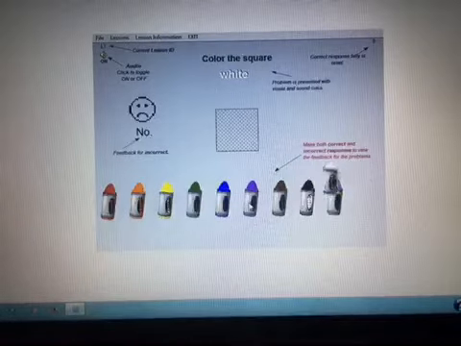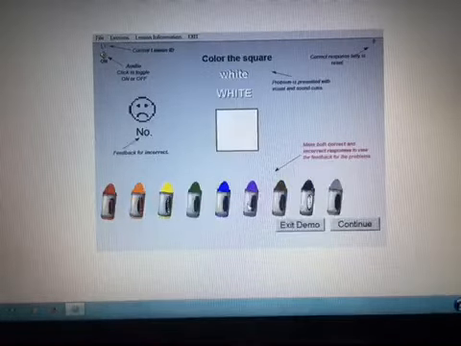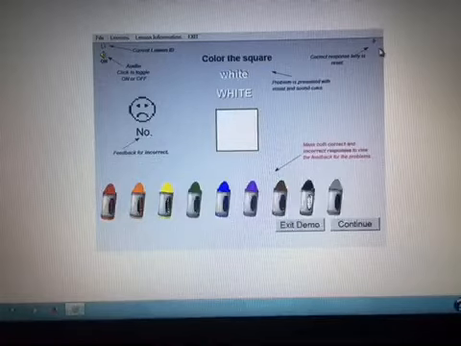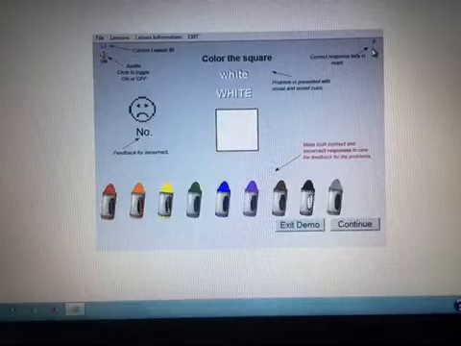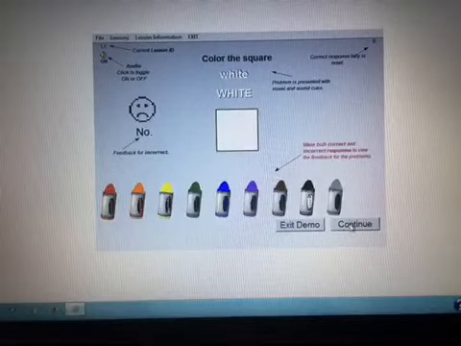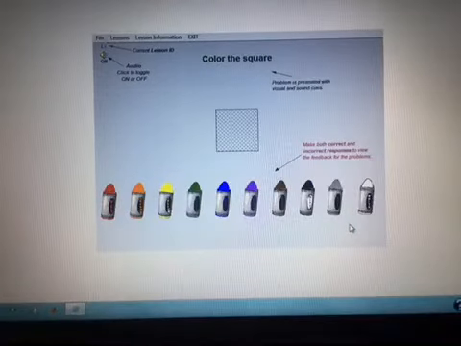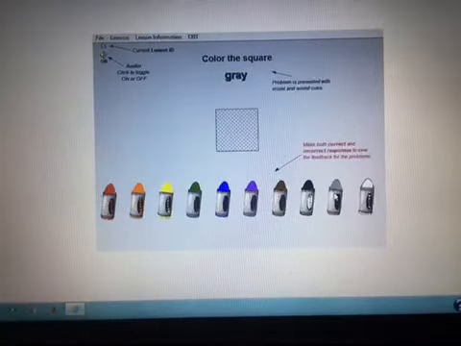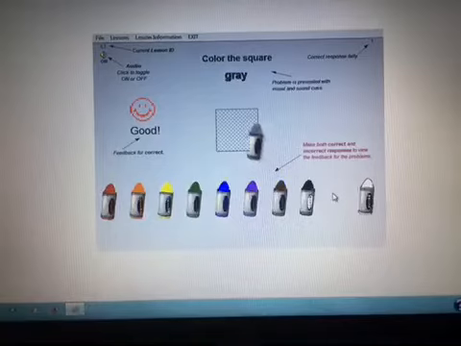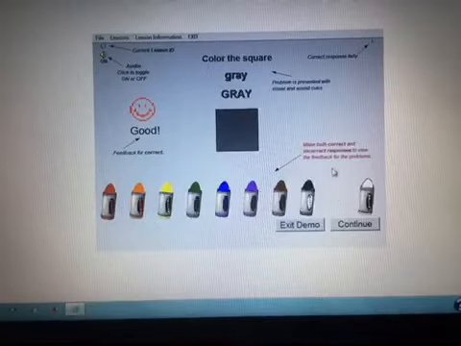No, white. So again, this has been reset to 0 because we haven't had 10 consecutive correct answers. Color the square gray. Good, gray. So this is the first lesson.